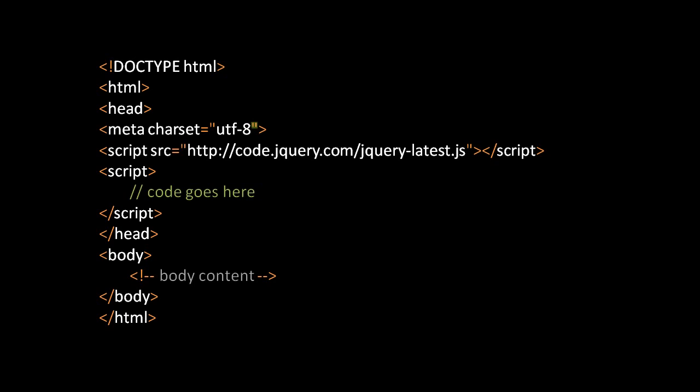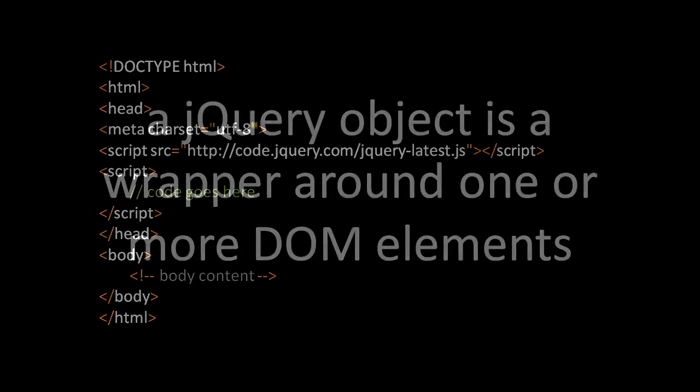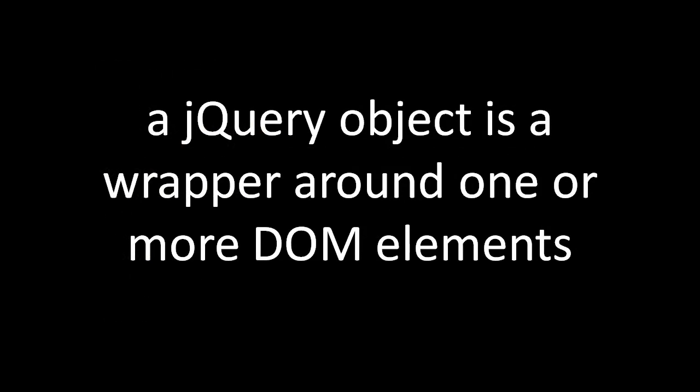The object which it assigns to the name jQuery is a function object. It's a function object with an object defined in its prototype property, so it's effectively a constructor function. It's a function we call to create objects, in this case what we call jQuery objects. Now, what a jQuery object represents is basically just a wrapper around one or more DOM elements.